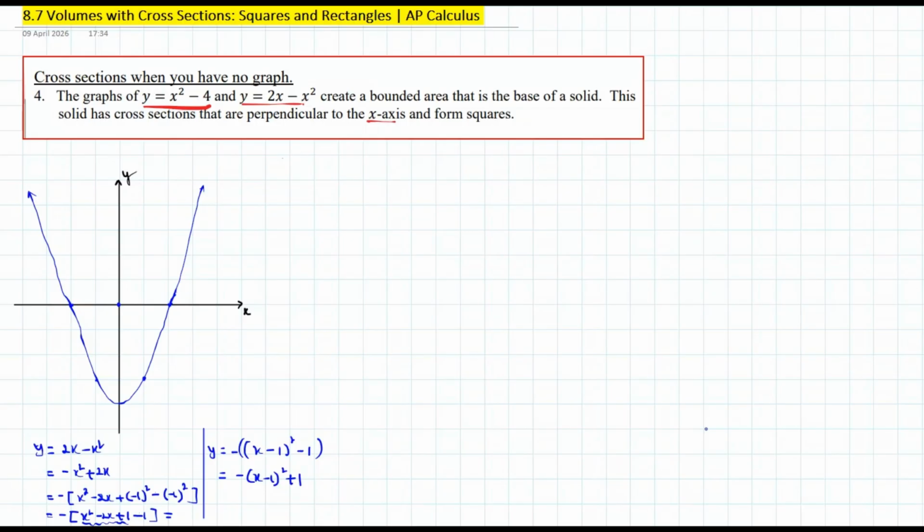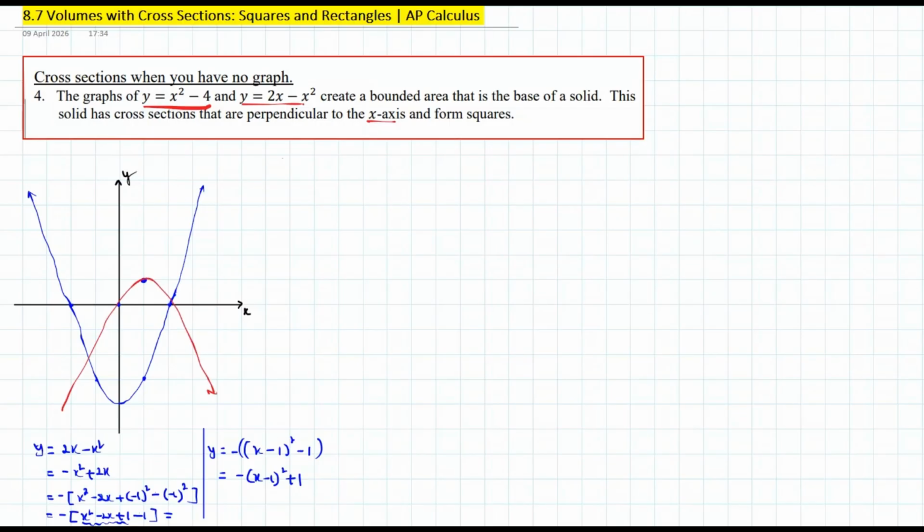This is a parabola opening downward, shifted 1 unit to the right and 1 unit up. So the vertex is at 1 comma 1, and the parabola opens down, right? So this is the parabola.